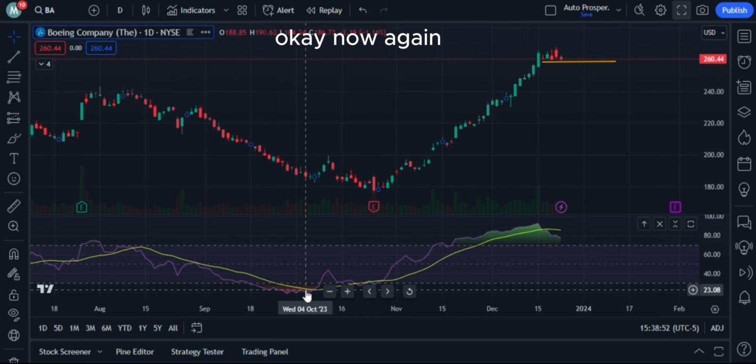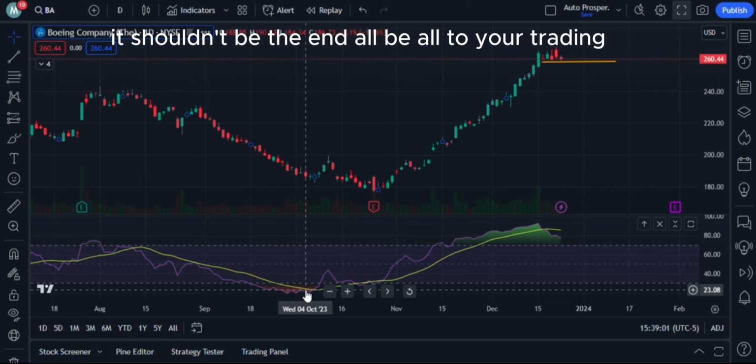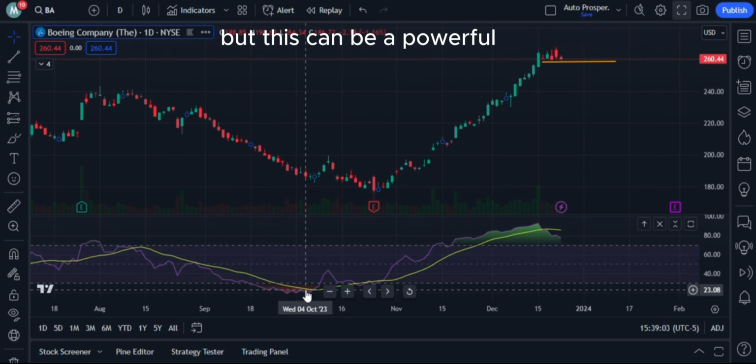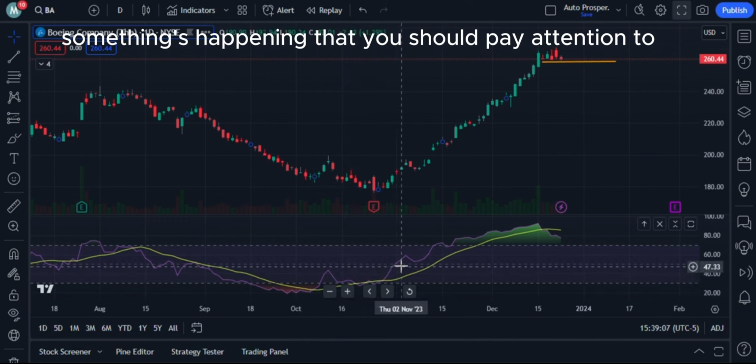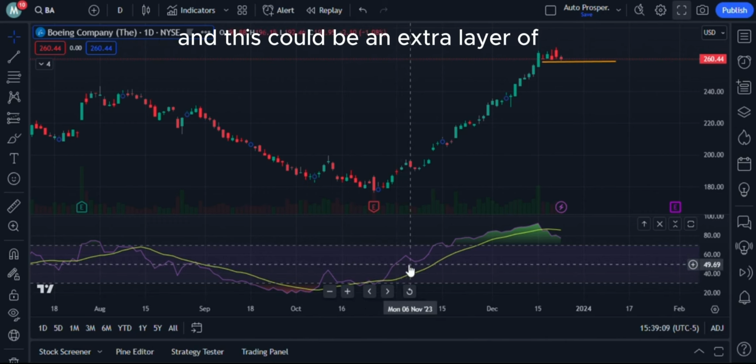Now again, you can use this in conjunction with other strategies, other indicators, and so on. It shouldn't be the end-all be-all to your trading, but this can be a powerful way of letting you know that something's happening that you should pay attention to, and this could be an extra layer of confirmation in your trading strategy if you use the RSI.